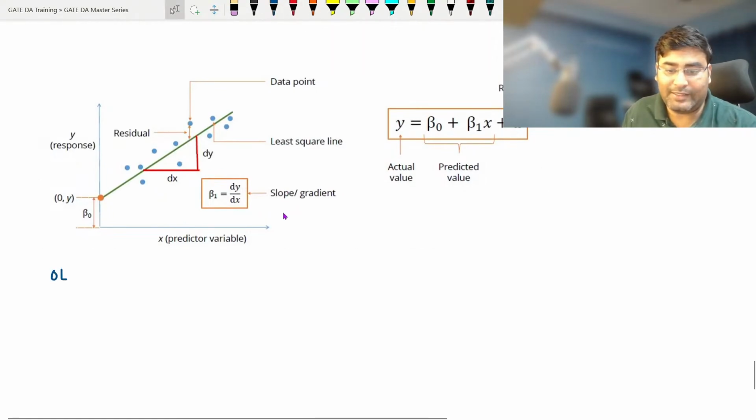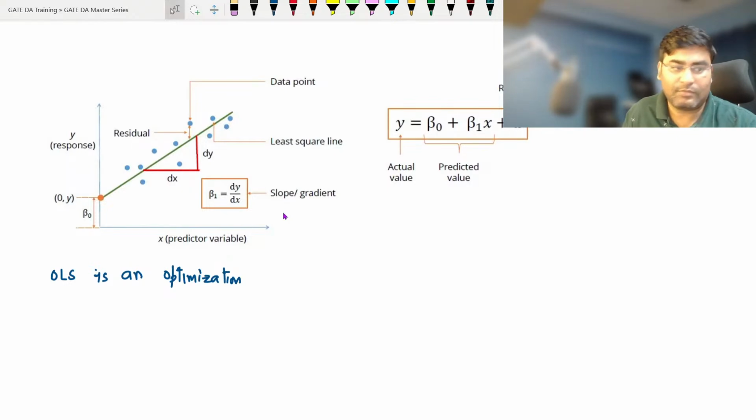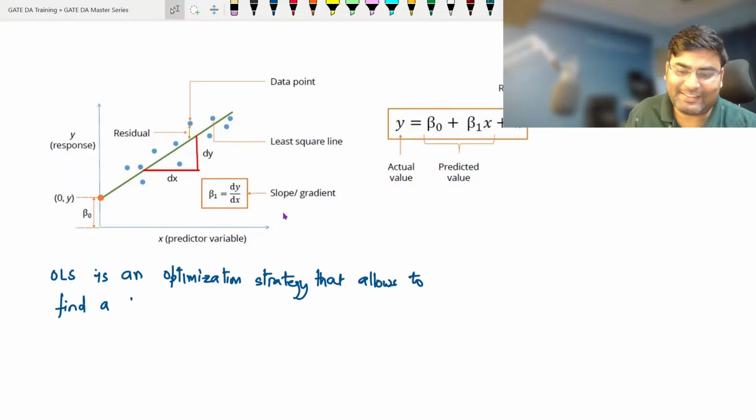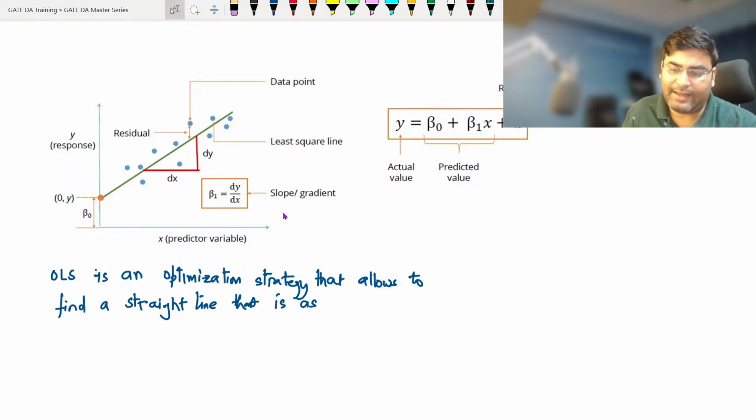Okay, so if I write: OLS is an optimization strategy that allows to find a straight line that is as close as possible to data points, right?